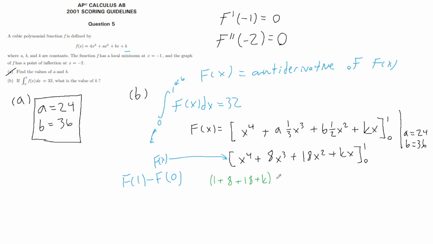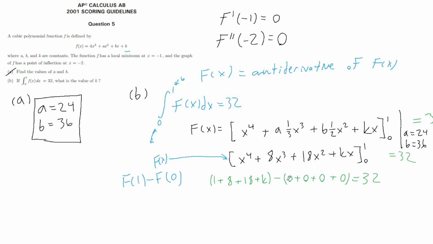And then we're subtracting big F of 0, so that's going to be 0 plus 0 plus 0 plus 0. And we can't forget that equals 32, right? Because it told us the definite integral from 0 to 1 of f of x with respect to x is equal to 32. Maybe I should have been writing that the whole time. They're all equal to 32.